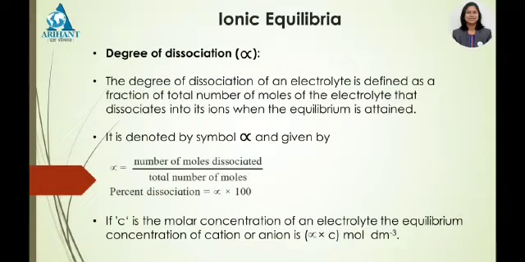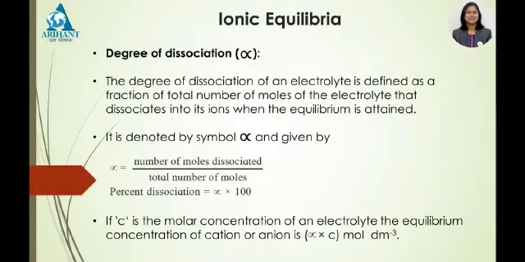Degree of dissociation. The degree of dissociation of an electrolyte is defined as the fraction of the total number of molecules of the electrolyte that dissociate into its ions when the equilibrium is attained. You can see the sign alpha.